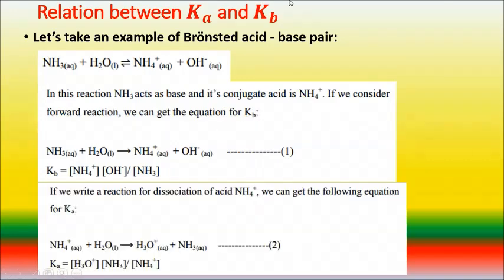If we write the reaction for dissociation of acid NH4 plus, we can get the following equation for Ka, that is NH4 plus plus H2O giving H3O plus and NH3, and from there we can get the Ka value, which is the molar concentration of H3O plus into the molar concentration of NH3 divided by the molar concentration of NH4 plus.